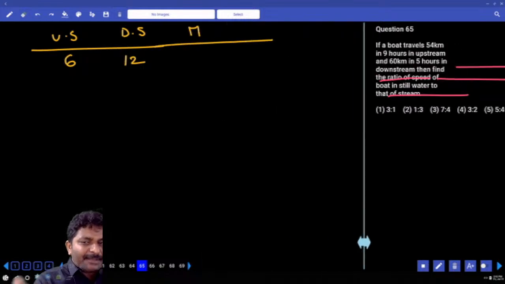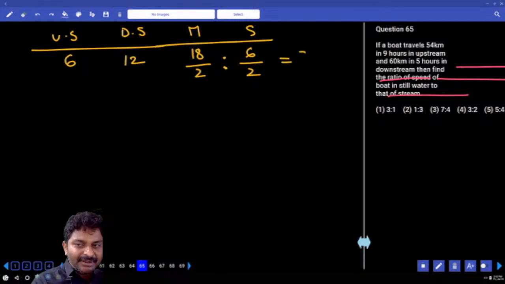When you know downstream and upstream, how do you get the man's speed? Sum divided by 2. And how do you get stream speed? Difference by 2. For these two numbers, we need to calculate the ratio. Denominators get cancelled. 18 is to 6. Cancellation with 6 gives you 3 is to 1. Followed?